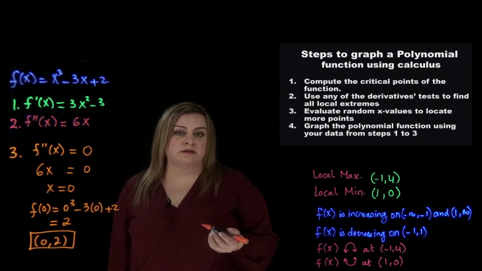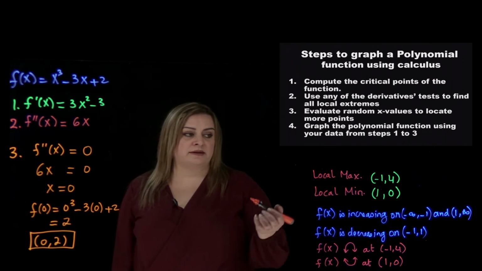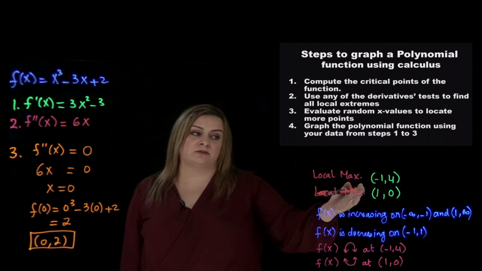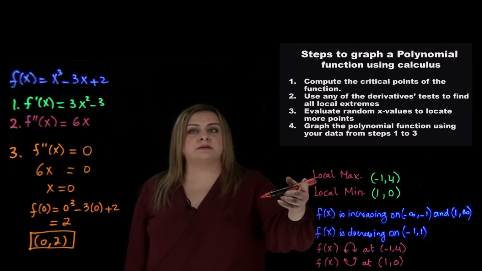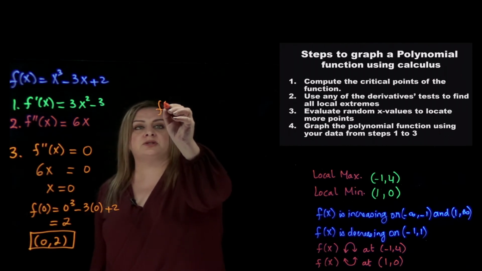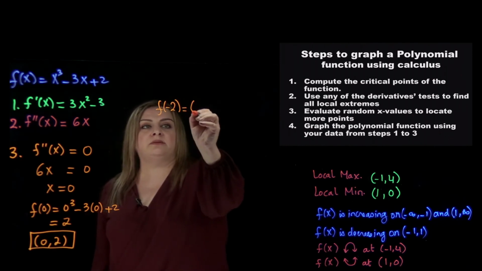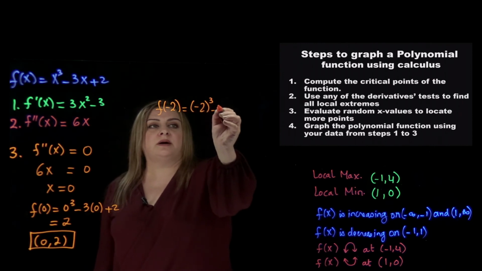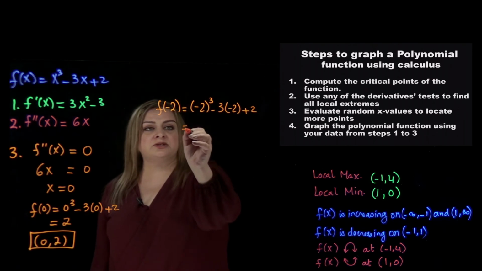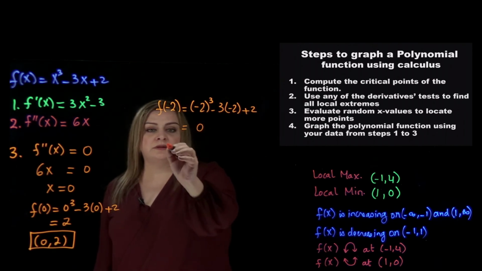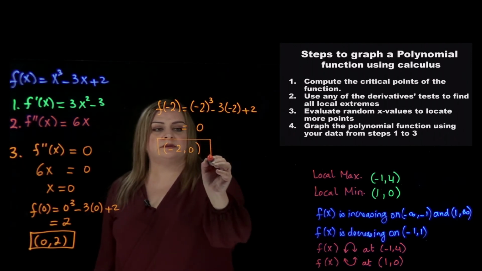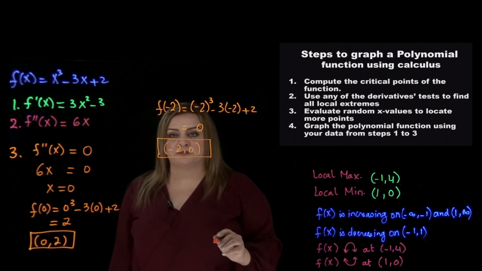Now, the best points to find are the points to the left of the local max and points to the right of the local min. If I let x equal -2 and evaluate my original function at -2, I will have -2 cubed minus 3 times -2 plus 2, and this should give me 0. So (-2, 0) is a second point that I found.